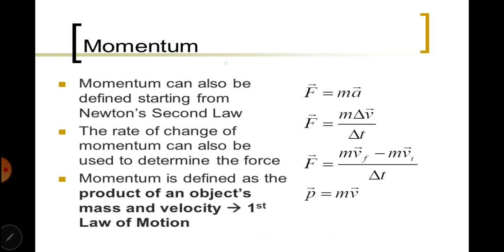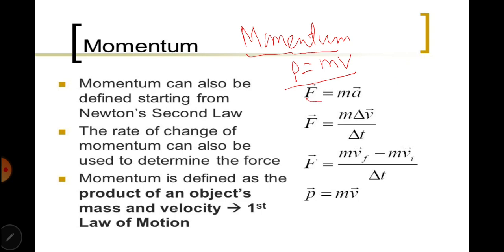Now, momentum. We already explained in lecture number 18 that momentum is that property which increases with increase in mass as well as velocity, and decreases with decrease in mass as well as velocity. As we know, F is equal to ma.